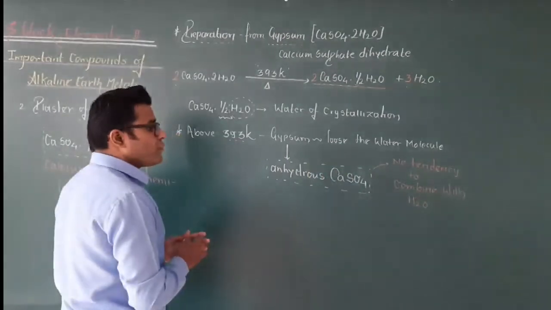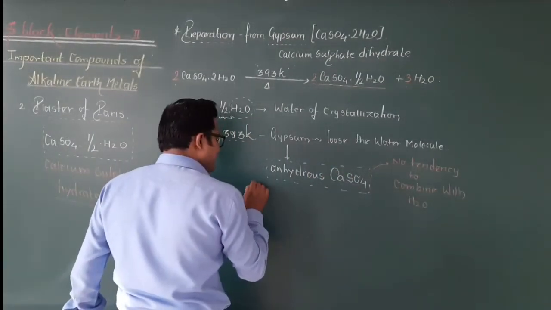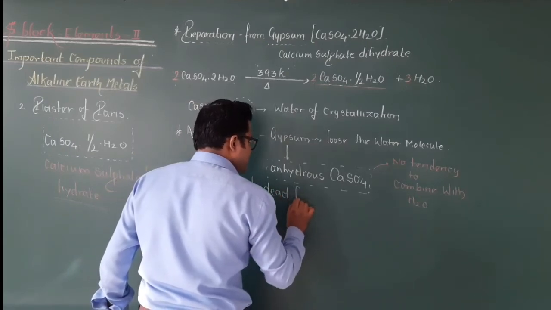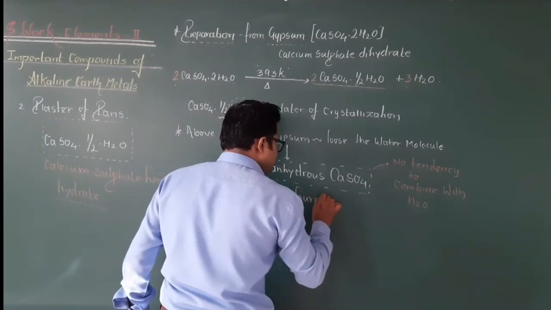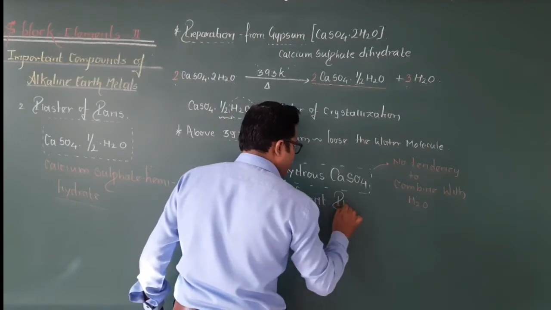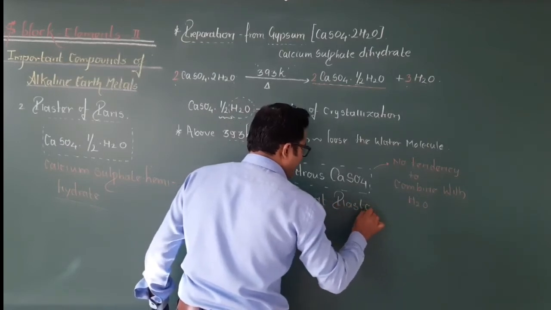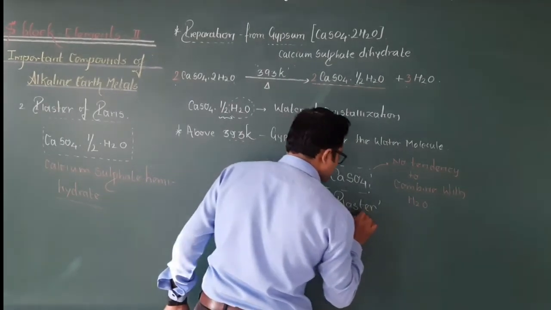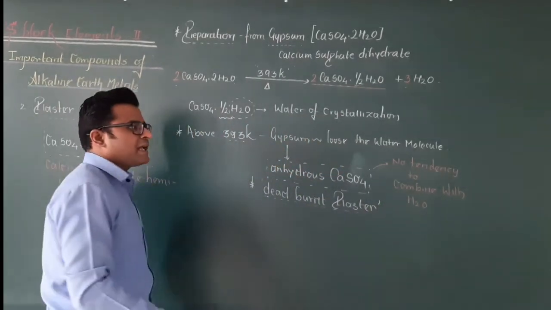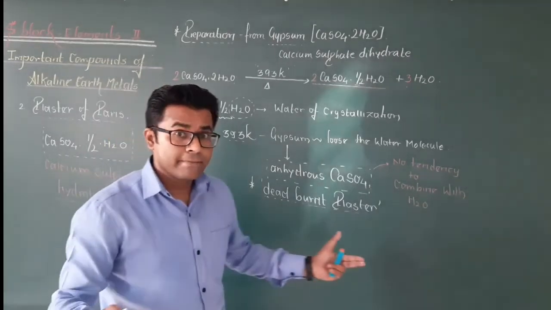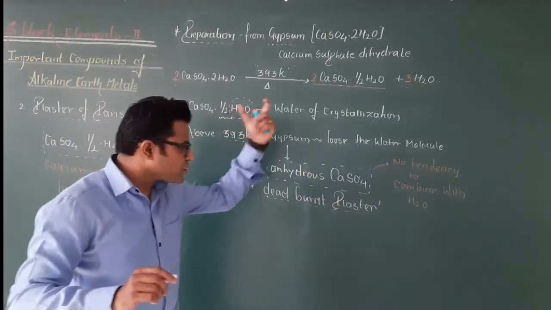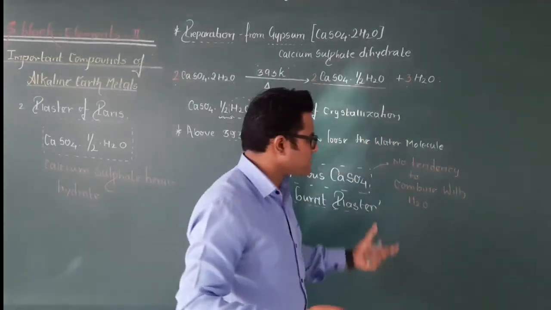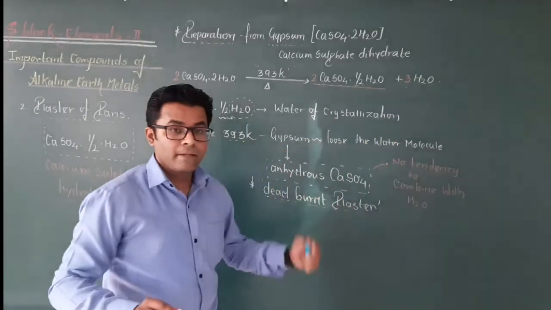And so therefore, we also call this thing dead burnt plaster. Okay, so its other name is the dead burnt plaster. As it is not going to combine with water, no hardening effect is going to take place. So therefore, we call it the dead burnt plaster.